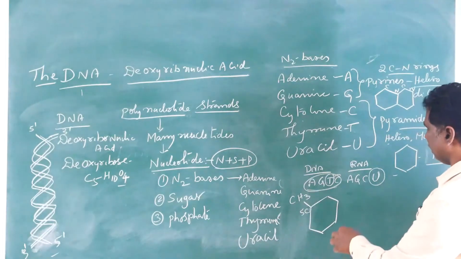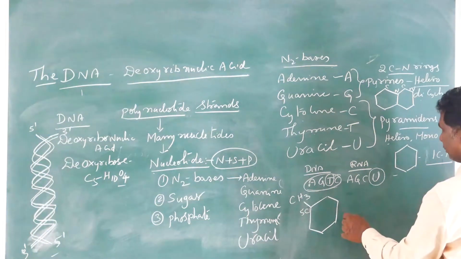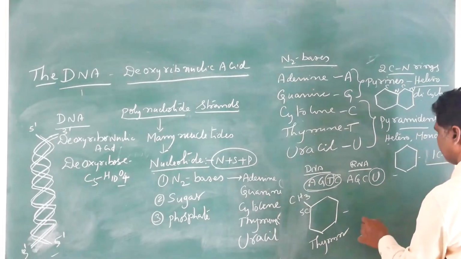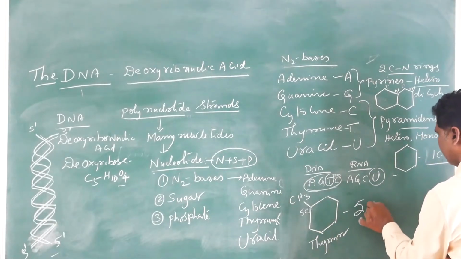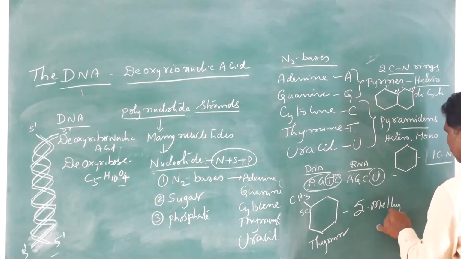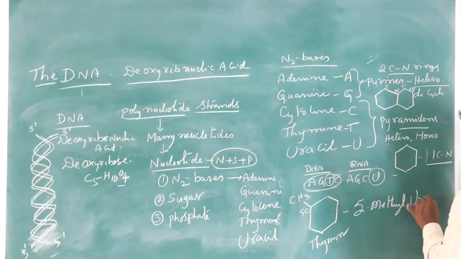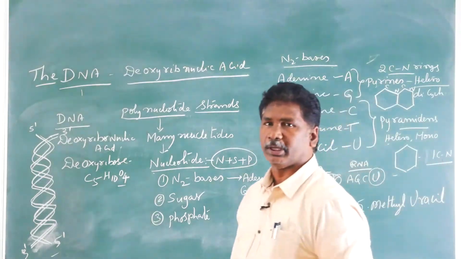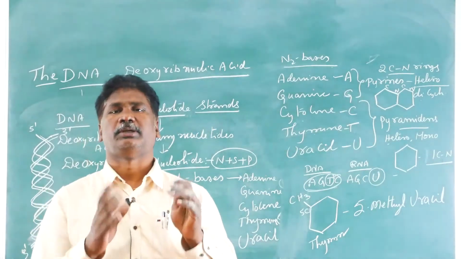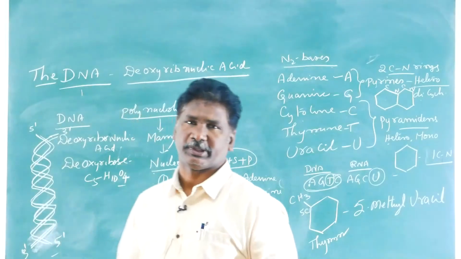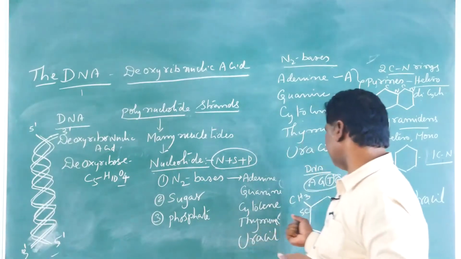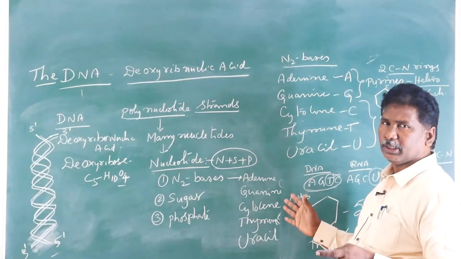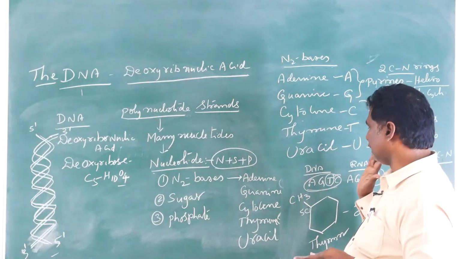That's why thymine is also called 5-methyl uracil. That is the major difference between DNA and RNA. Thymine is present in DNA, uracil is present in RNA.